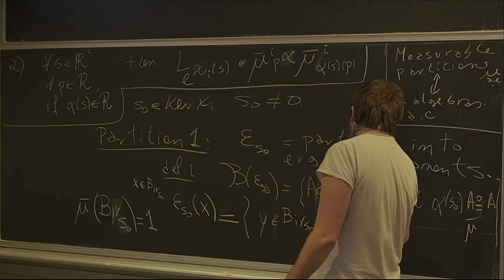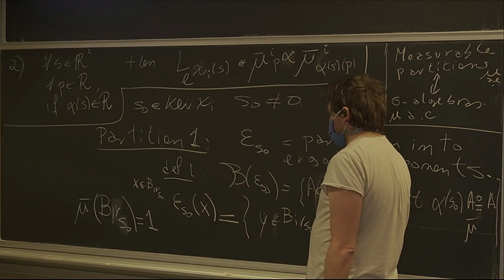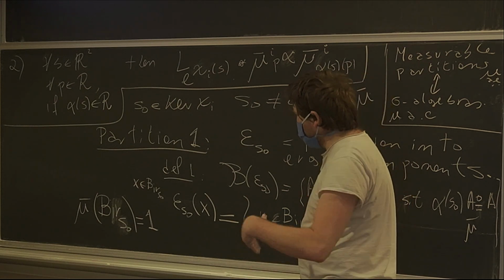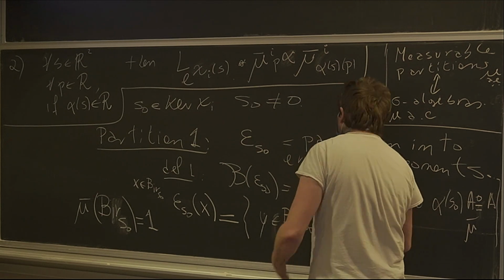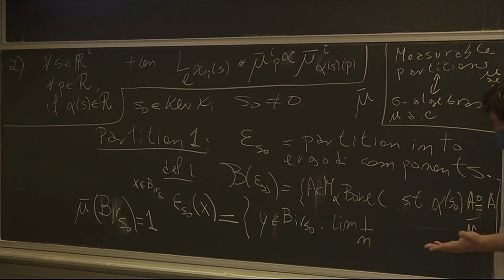such that the limit, and now I could use S or N, I will just use N, discrete iterations, just to make my life simple. So I could use flow or I could use iteration.